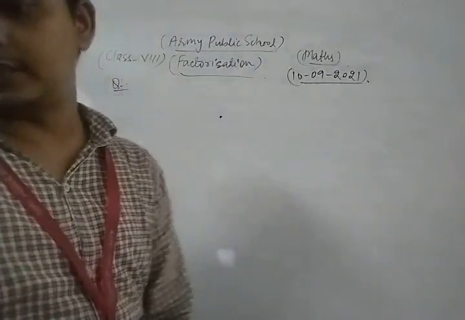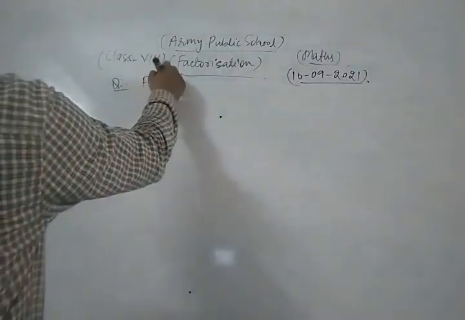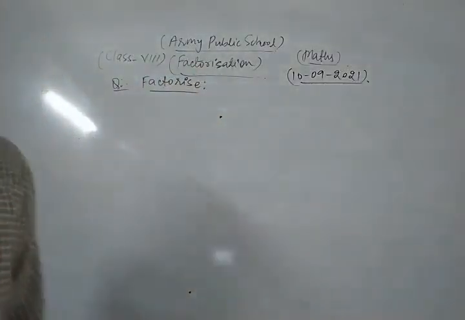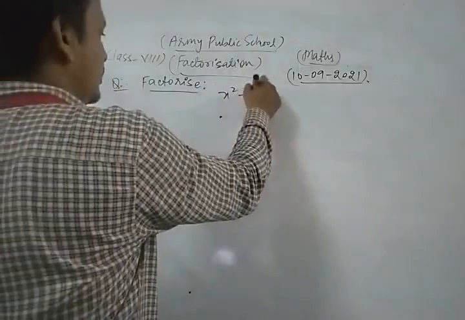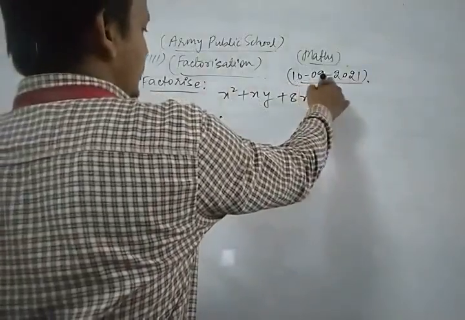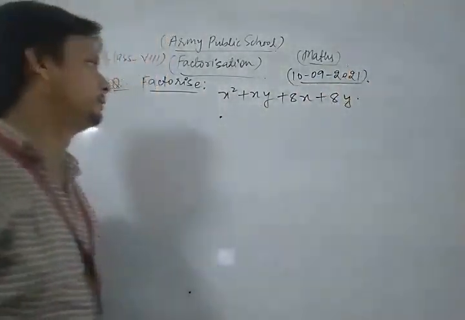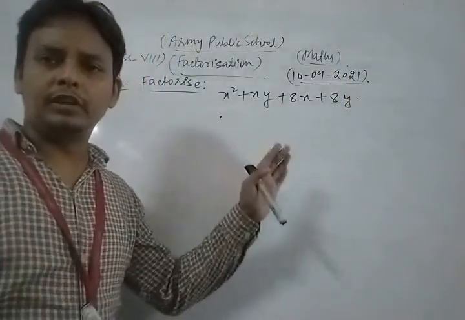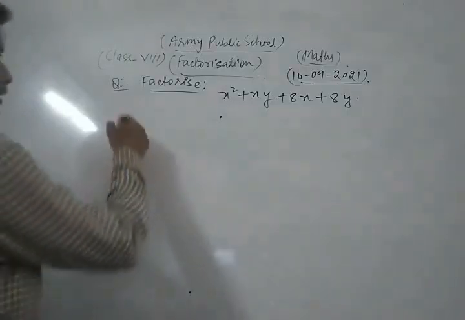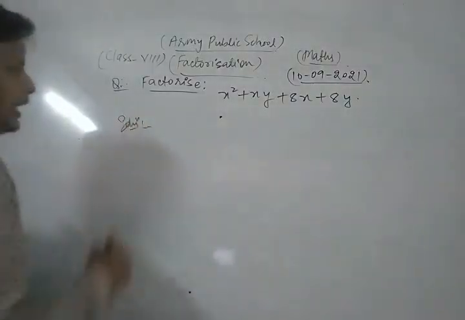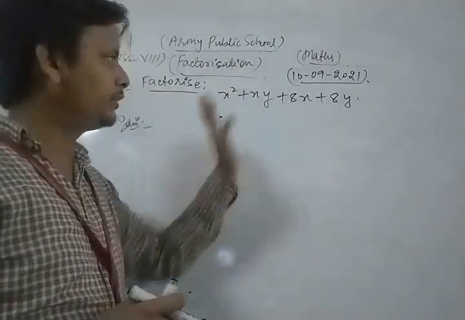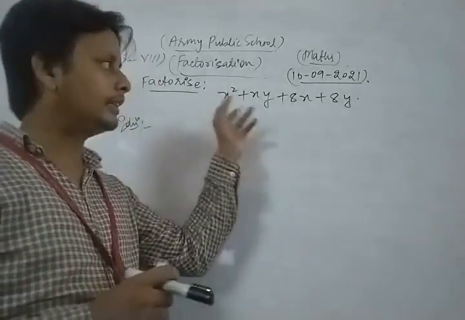The question is: factorize x square plus xy plus 8x plus 8y. First of all, we observe the expression, and we see that no value is common in all these four terms.